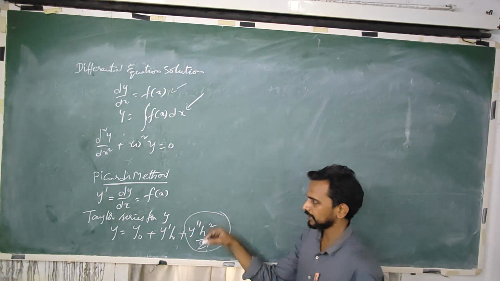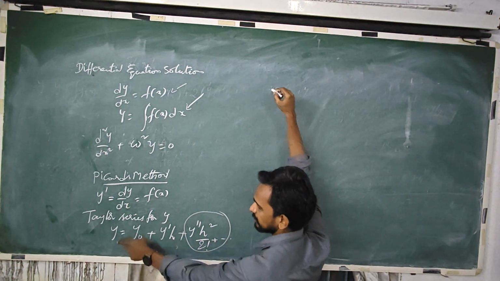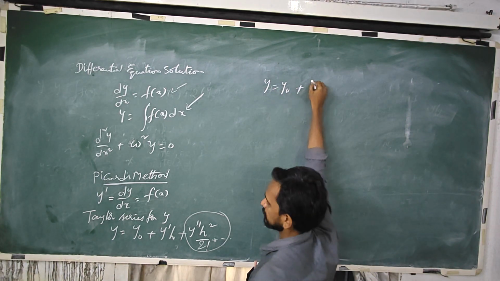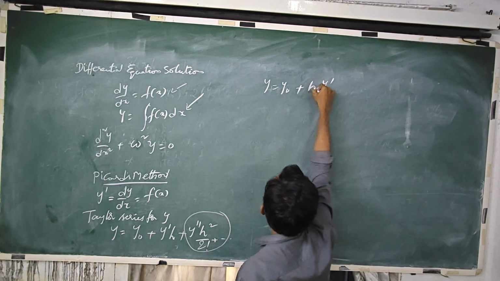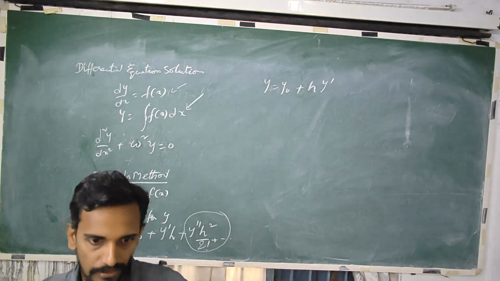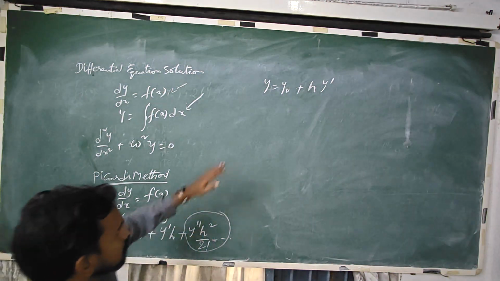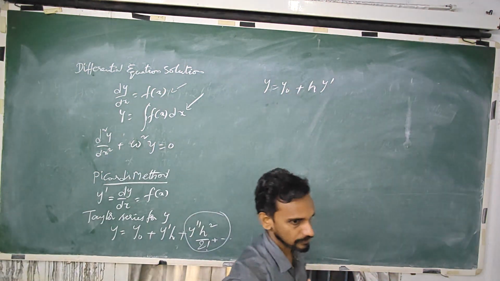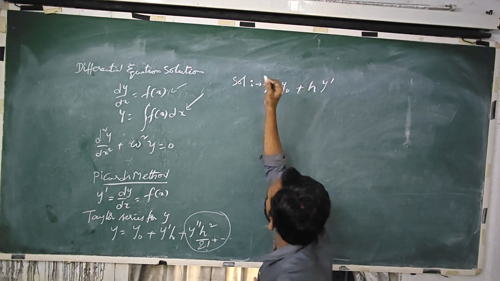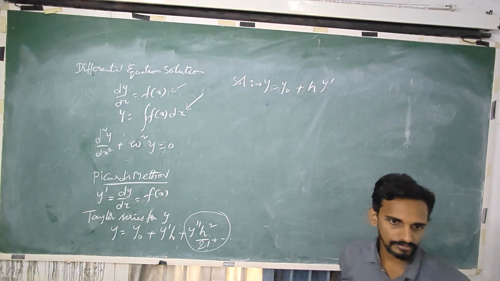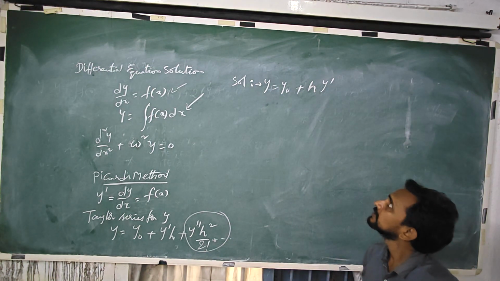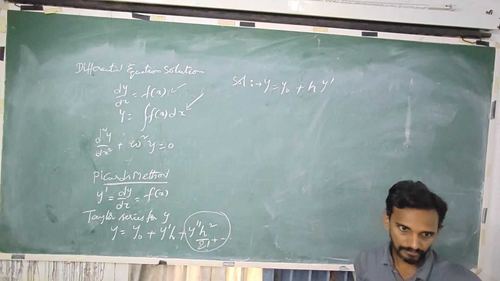So if I neglect higher order terms, I will be left with, so here y is the solution, right? So y is equal to y0 plus h times y prime. This is the least possible approximation for the solution. y equal to y0 plus h y prime.